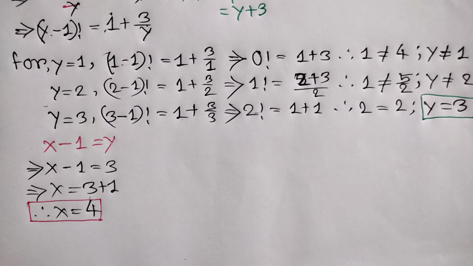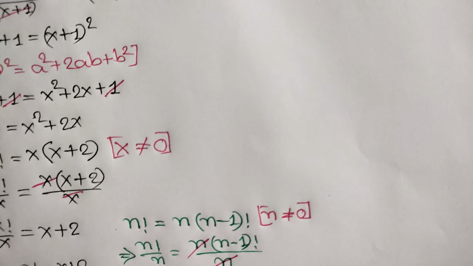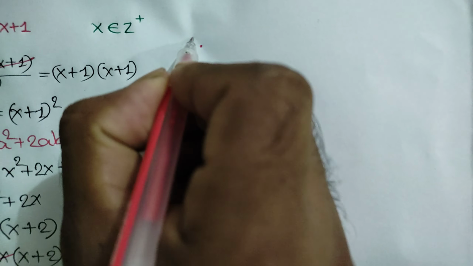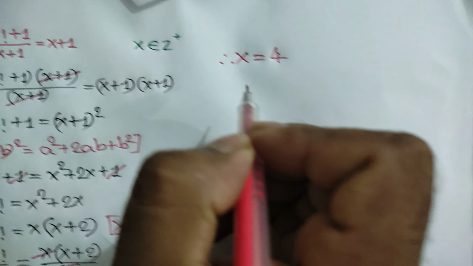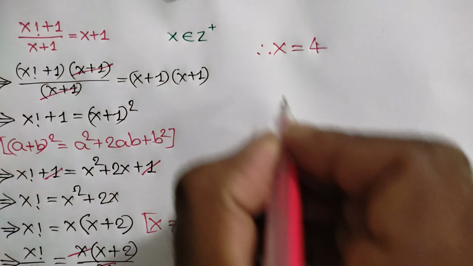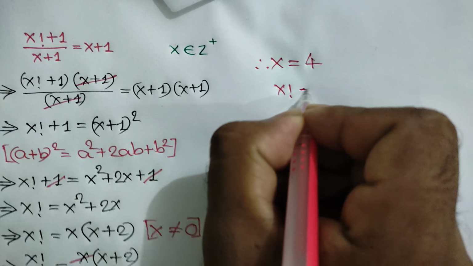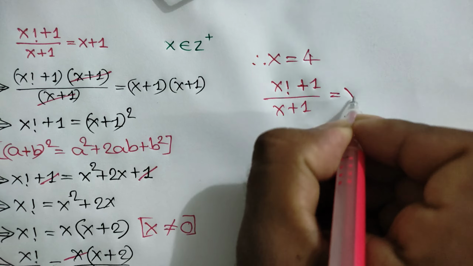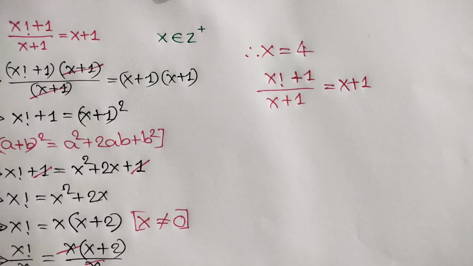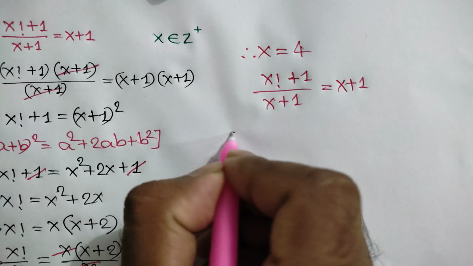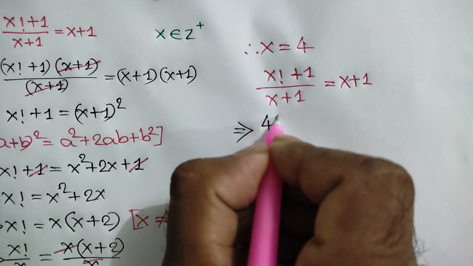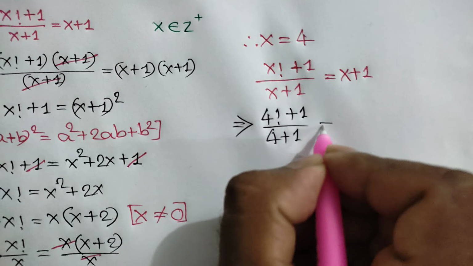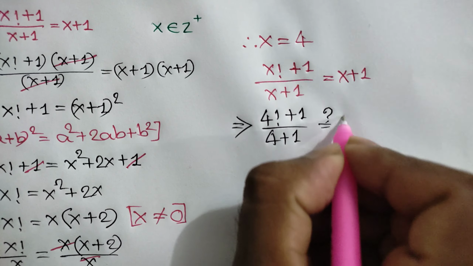Now check. We found the value of x is equal to 4. Our question has given x factorial plus 1 over x plus 1 is equal to x plus 1. Here x is equal to 4, so we can write 4 factorial plus 1 over 4 plus 1, is it equal to 4 plus 1?